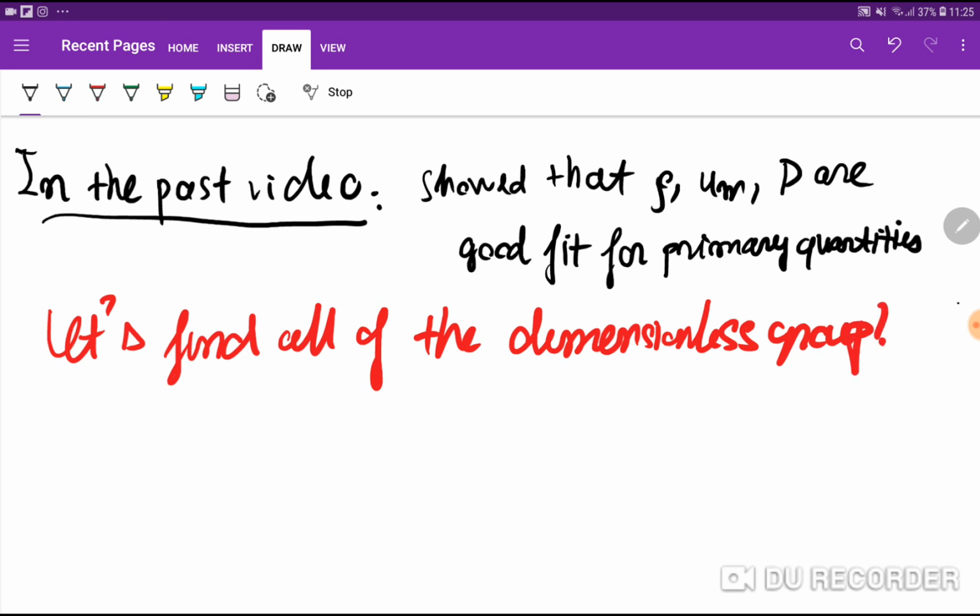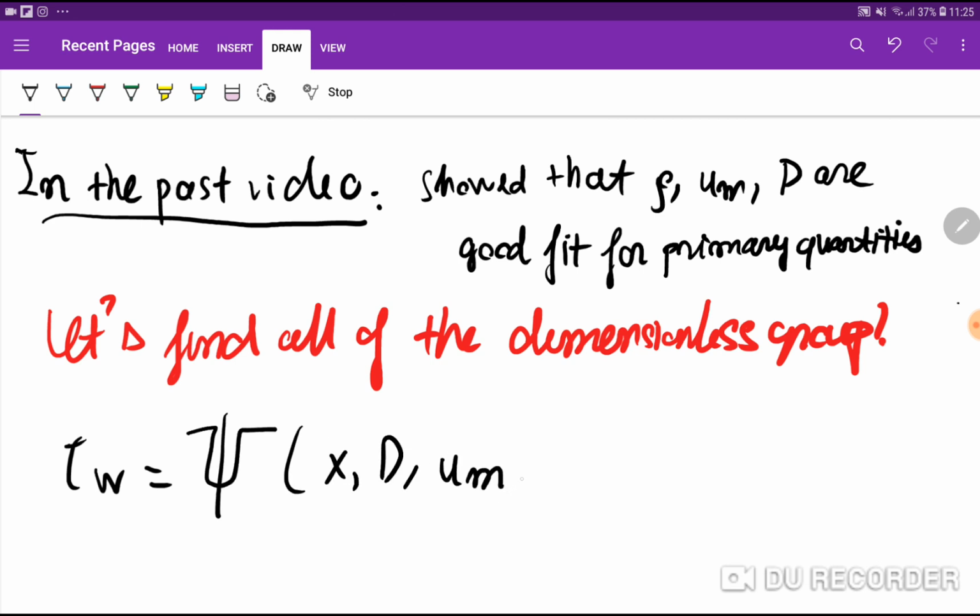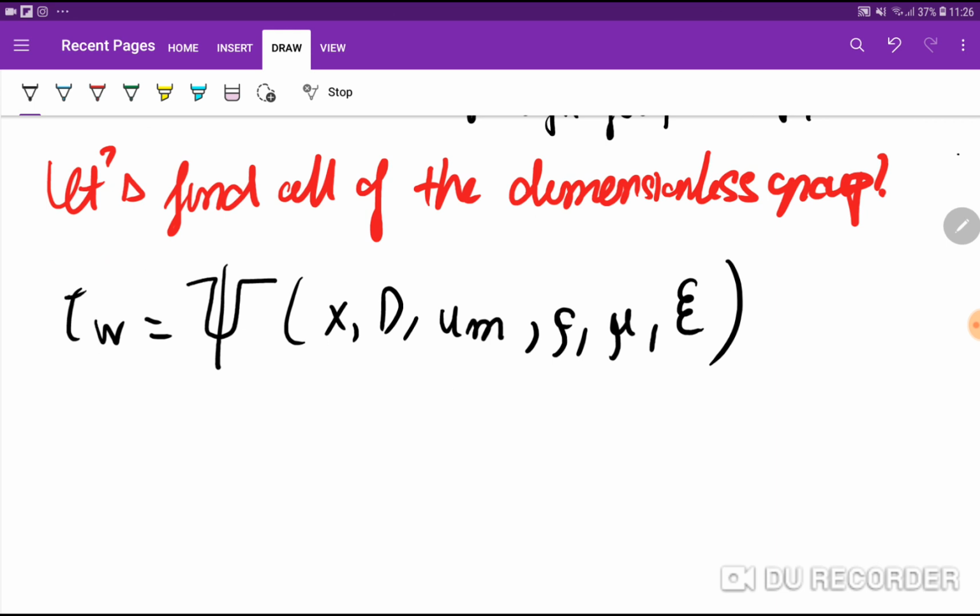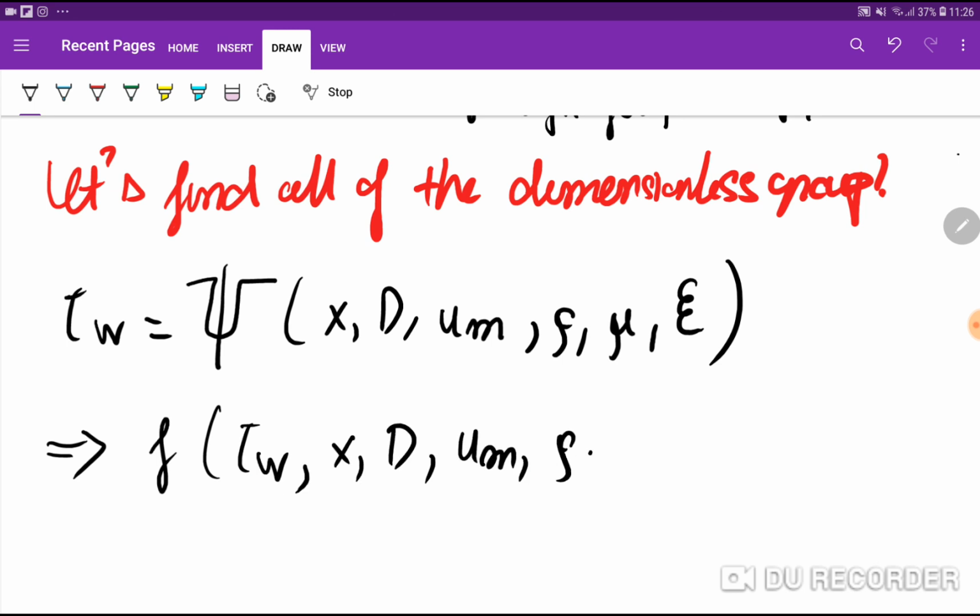Okay, how do we do that? First of all, we have to know how many dimensionless groups we have. If you recall, we are given the shear stress is a function of x, d, rho, mu, and epsilon, right? So you can say that there exists a function of tau w, x, d, rho, mu, epsilon equal to 0.